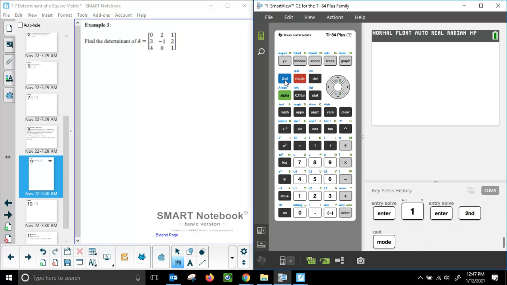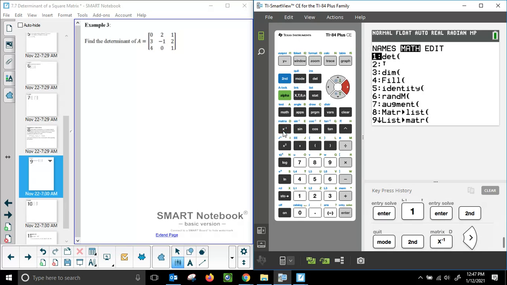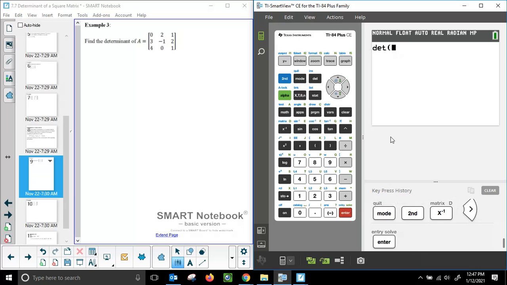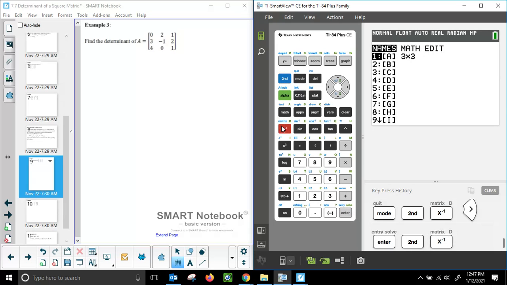Now we can simply quit out of our matrix window here. We go back to our matrix options. We go over to math. The very first entry here, 1, is DET. That stands for determinant. So I hit enter here, and that takes it out to my main calculating screen. I go back to my matrix menu.